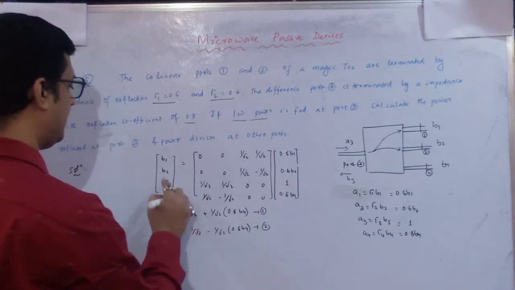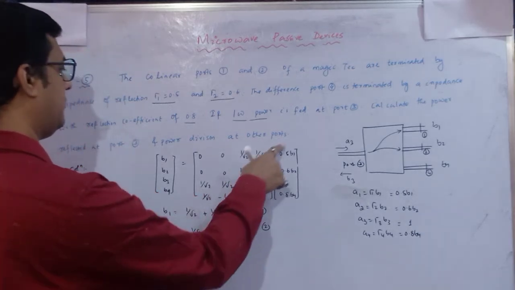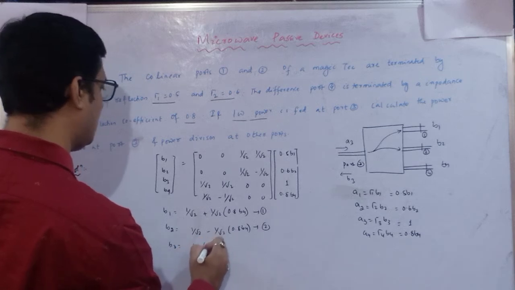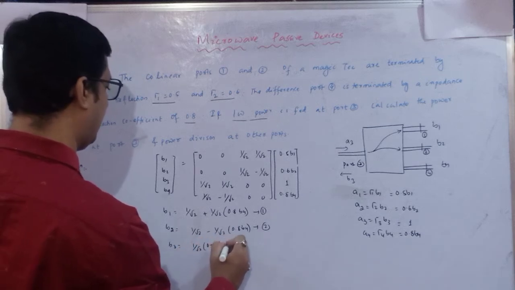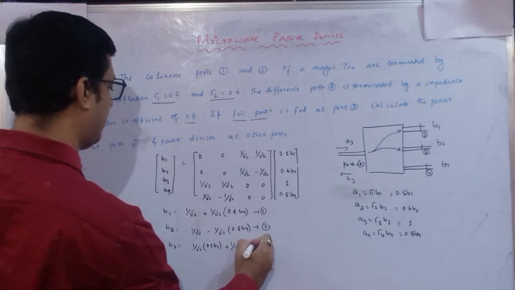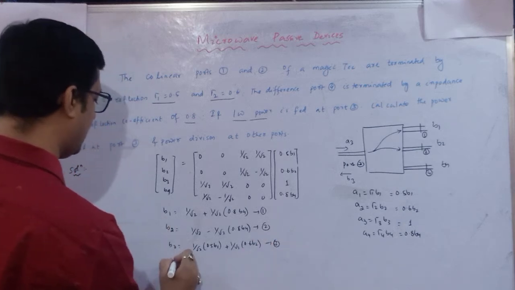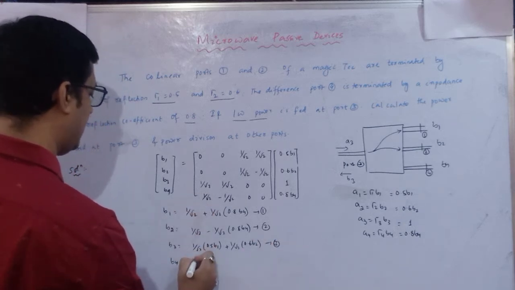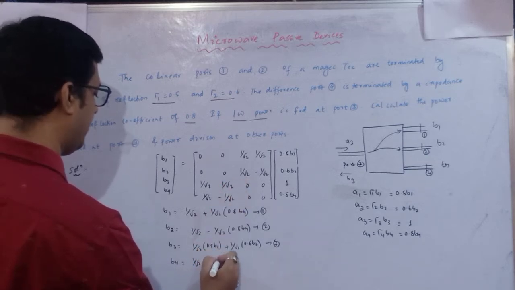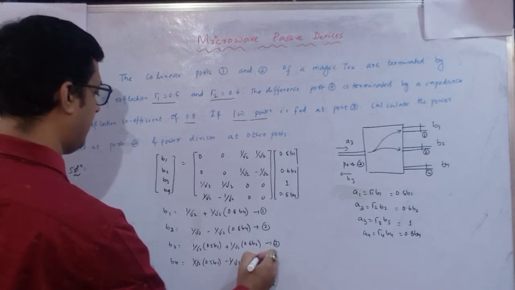Then B3, this row with respect to this column. So it is half, 1 by root 2 times 0.5 B1 plus 1 by root 2 times 0.6 B2 and others are 0. So it is 3. Similarly, B4 is 1 by root 2 times 0.5 B1 minus 1 by root 2 times 0.6 B2.